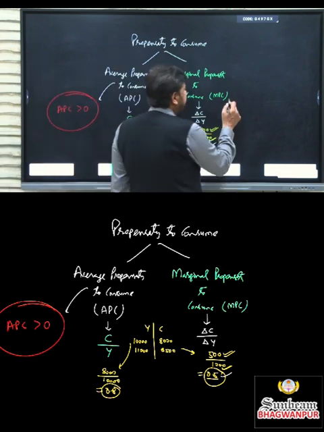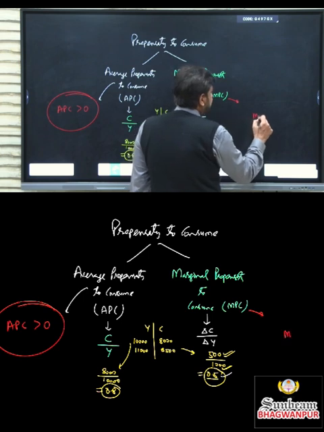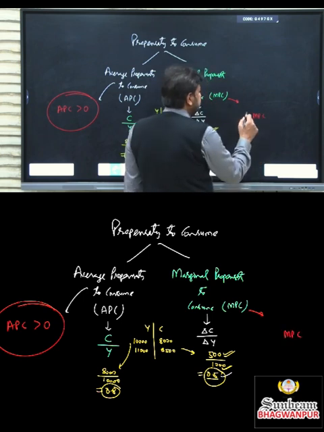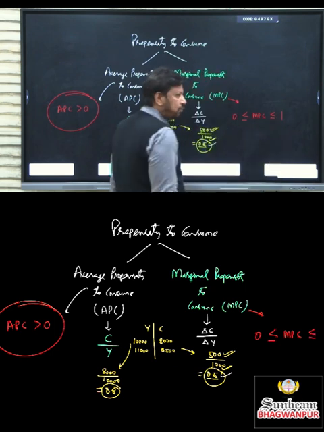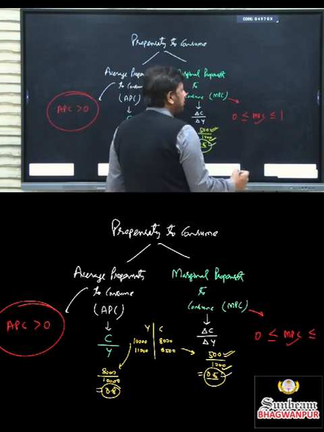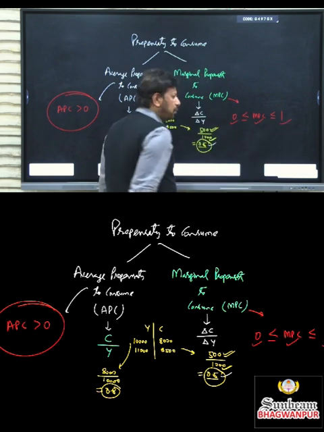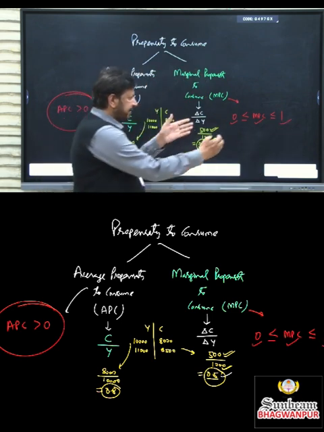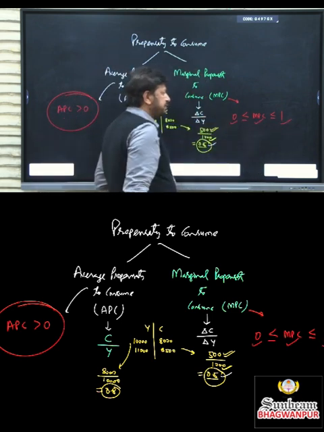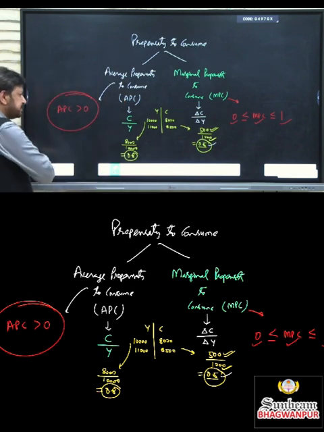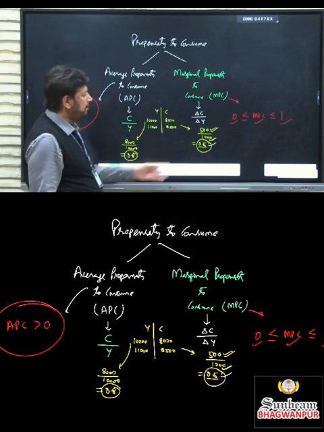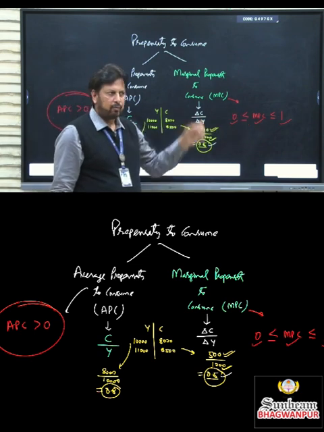Whereas in case of MPC, the value of MPC is greater than or equal to 0, less than or equal to 1. It means that the value of MPC lies between 0 and 1. So this is the range of marginal propensity to consume, and this is the range of average propensity to consume, that it is always going to be greater than 0.